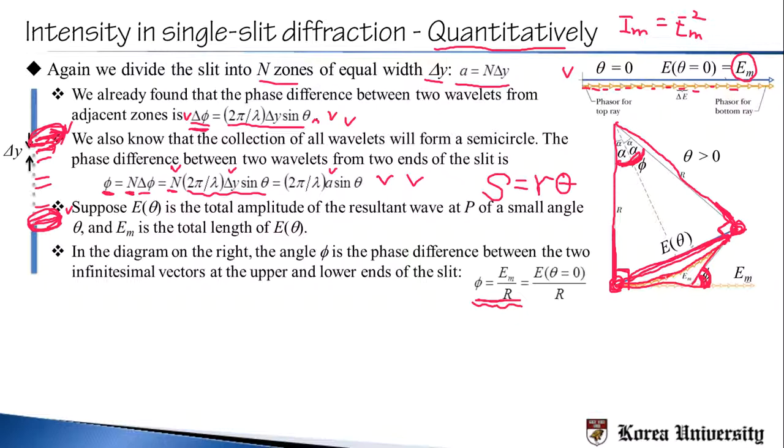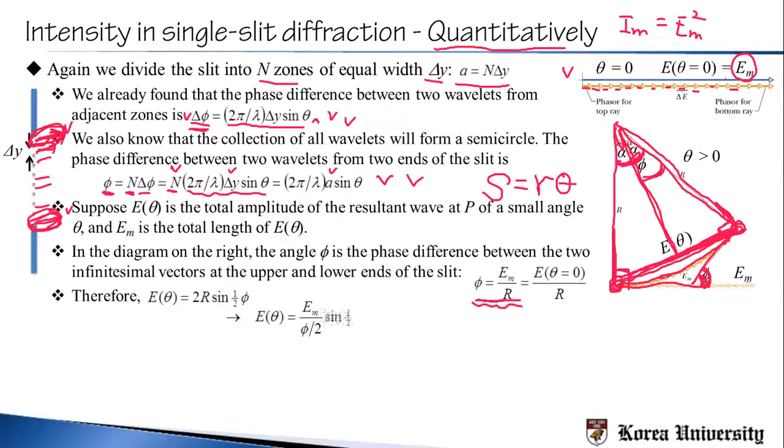So therefore, now we have this relation. But like I said, what we want to know is the length of this one, right? Okay. So if you again draw a line like this, then you form a triangle, and this angle is half of phi, and this length is half of the amplitude.